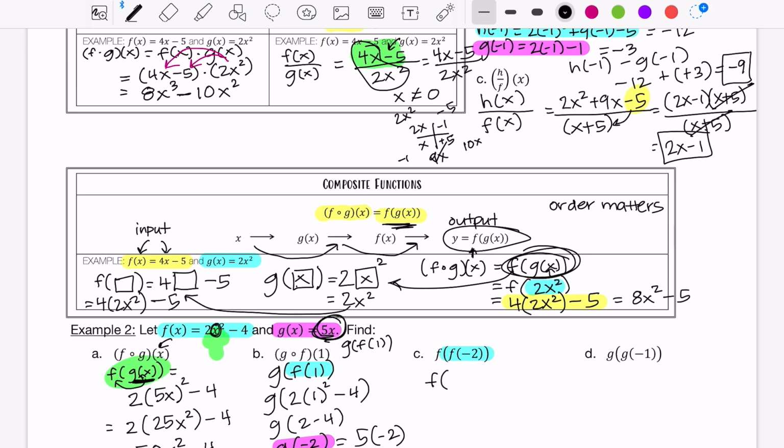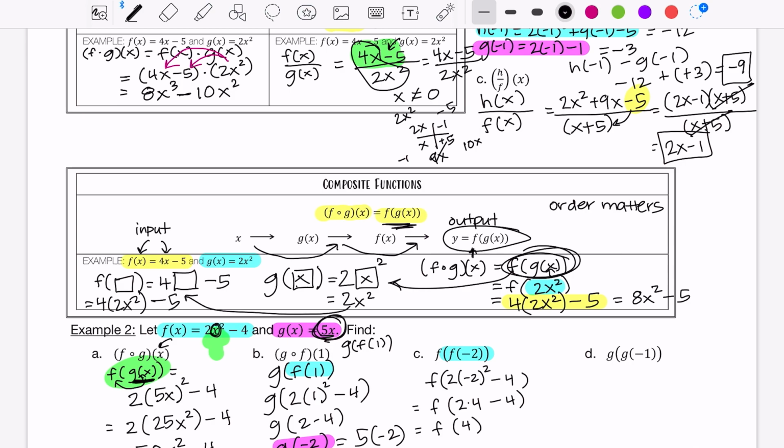I'm still working on those inner parentheses, so that's 2, and then negative 2 squared minus 4. So that equals, following some math, 2 times 4 minus 4. Make sure you follow order of operations, which is 8 minus 4, which is 4.